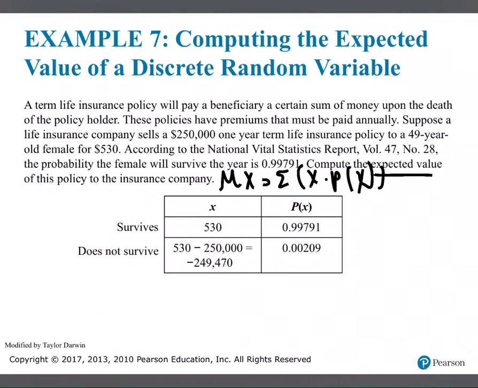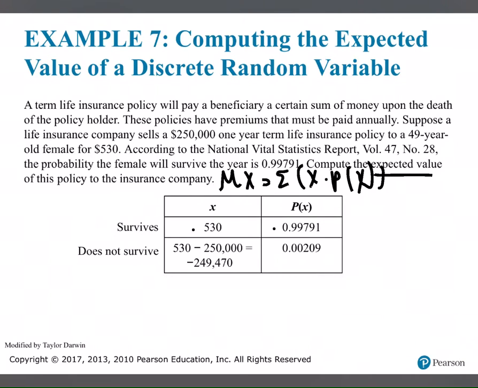So let's talk about this table really quick. So they get $530 if she survives, right? She's paying the insurance company $530. And the probability that she'll survive is that 0.99791. If she dies, let's assume she already paid the $530 amount, then the insurance company has to pay $250,000.